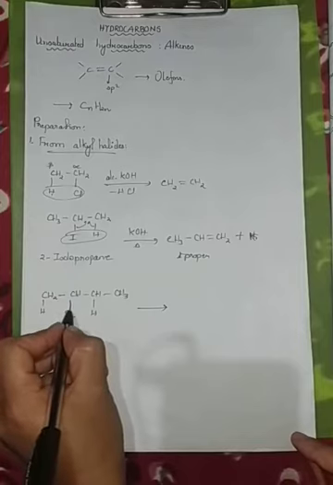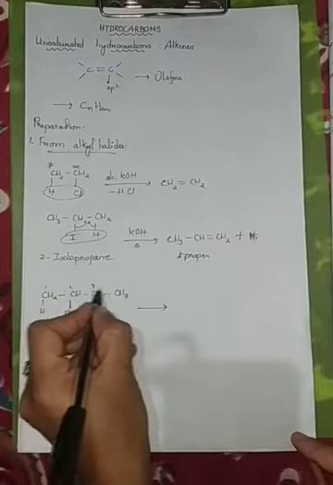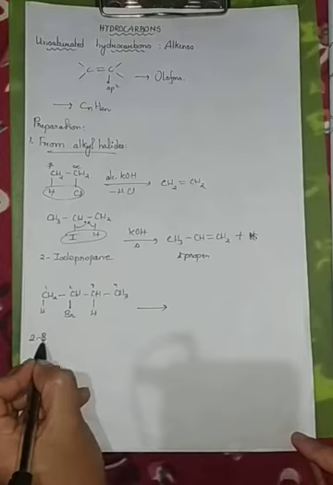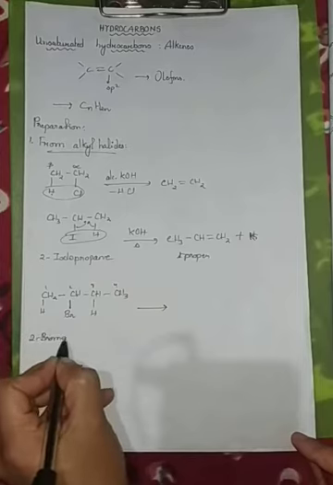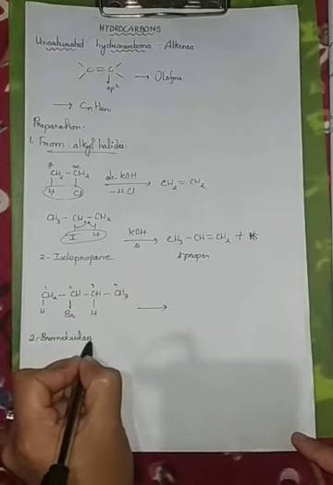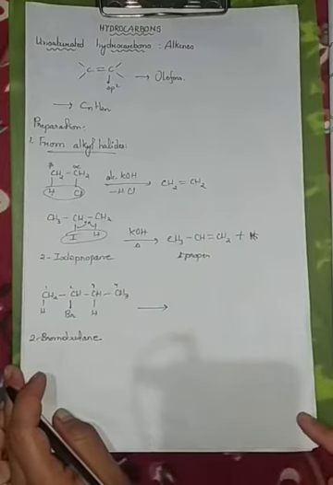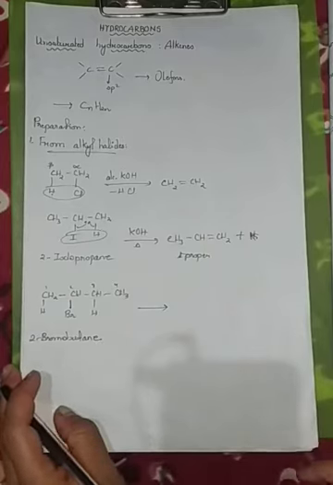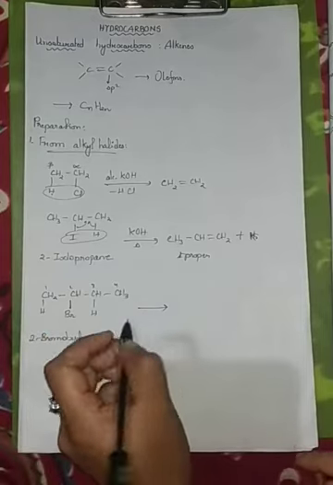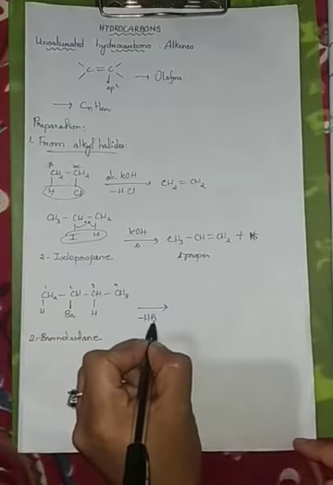The halogen should get the lowest number, so numbering 1, 2, 3 and 4, bromine on carbon 2, with 4 carbon atoms, therefore this is 2-bromobutane. Now what is the product of 2-bromobutane? The product here will be formed by the removal of HBr.